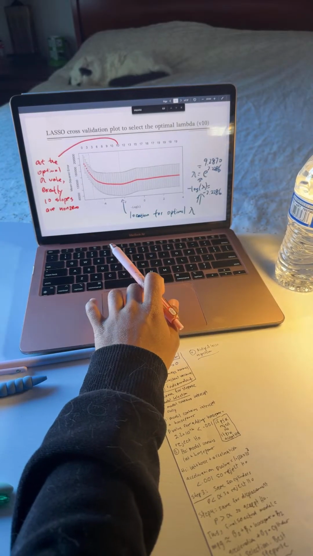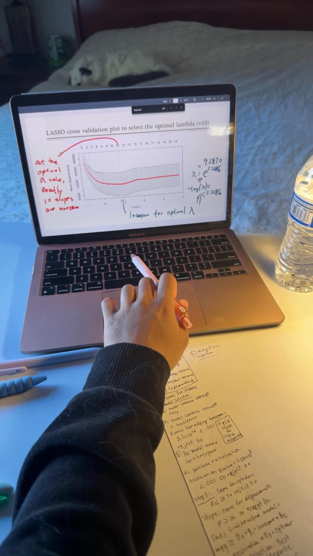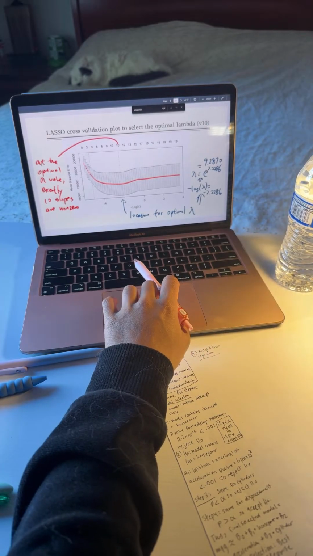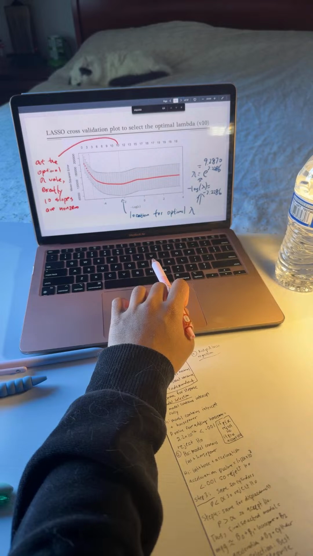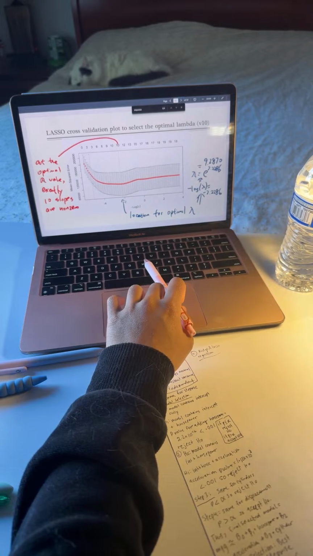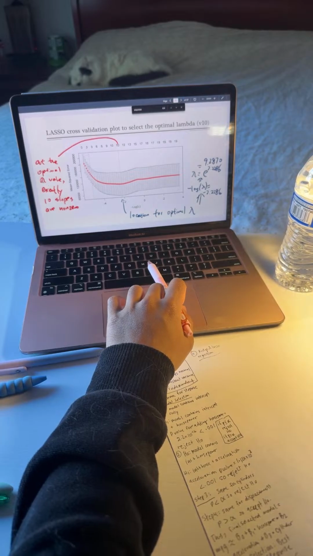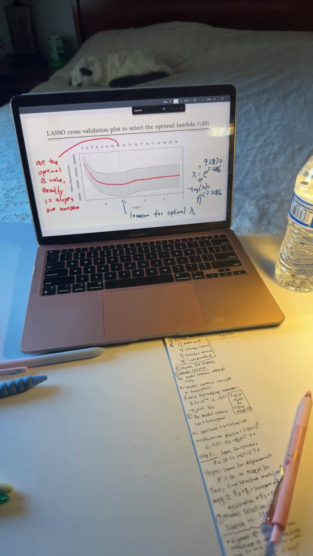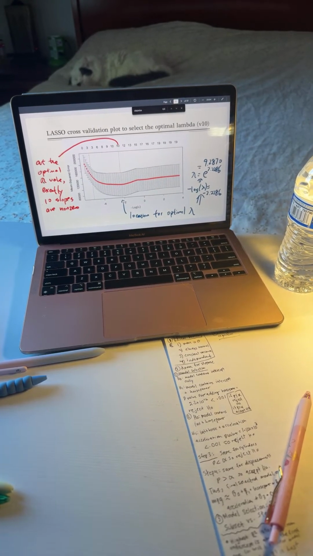So the lasso cross-validation plot to select the optimal lambda. Optimal lambda. Cut out the optimal lambda value.